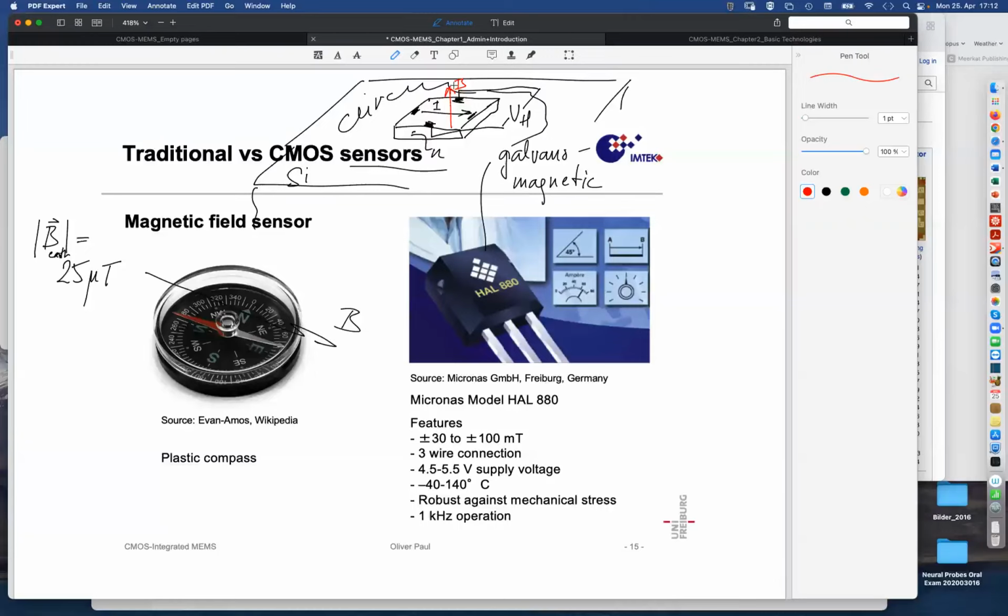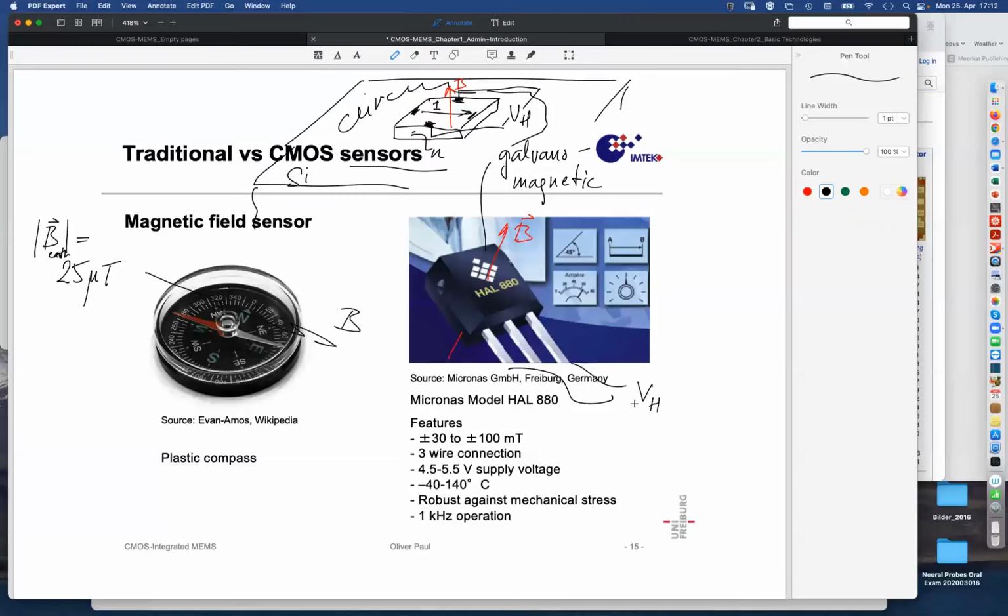So it's easy to measure the magnetic field. All that needs to happen is that this chip is crossed by a magnetic field, and it will provide some analog output, V Hall, amplified, digitized, or whatever.